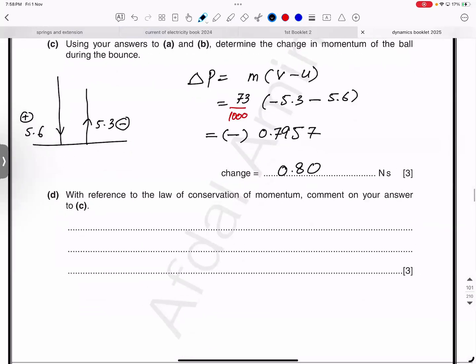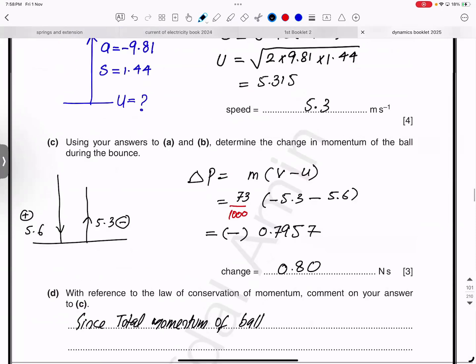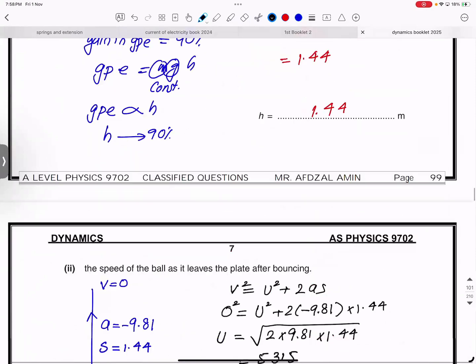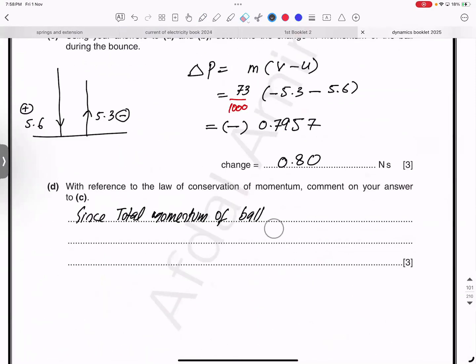With reference to law of conservation of momentum, comment on the answer. Since total momentum of ball and, what is the other system? Steel plate. Ball and plate has to be what? Constant. I didn't say before and after. If you do it before collision, after collision, fine.